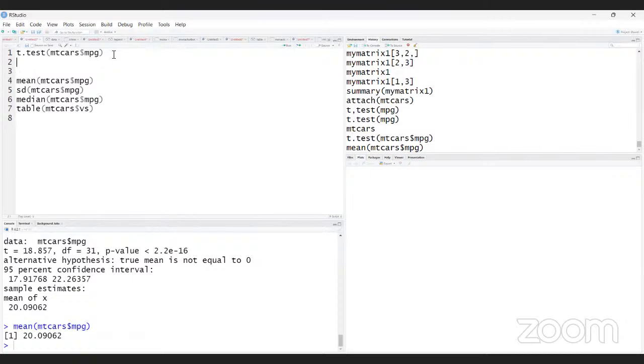Okay, so I am writing here hist, mtcars dollar MPG. So now I am doing the hist.